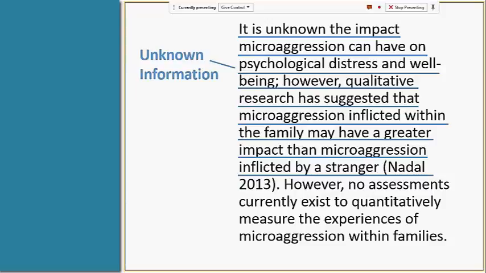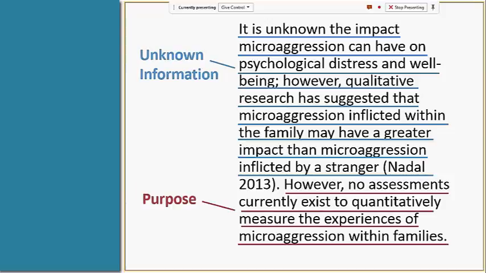Okay, now they're getting into unknown information. It is unknown the impact microaggression can have on psychological distress and well-being. However, qualitative research has suggested that microaggression inflicted within the family may have a greater impact than microaggression inflicted by a stranger. So this is actually the unknown information right here. Here we get into, but we do know that there have been qualitative studies on this topic that have yielded certain results.